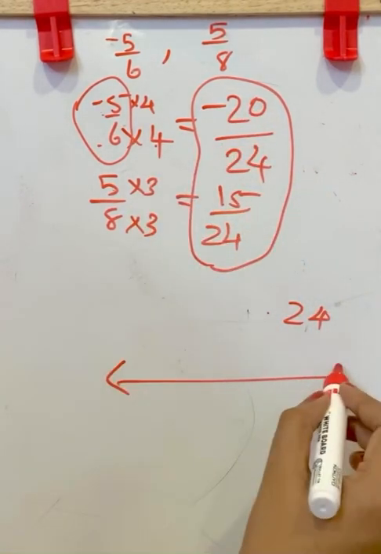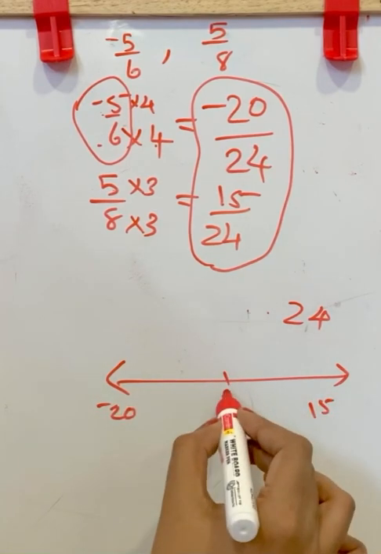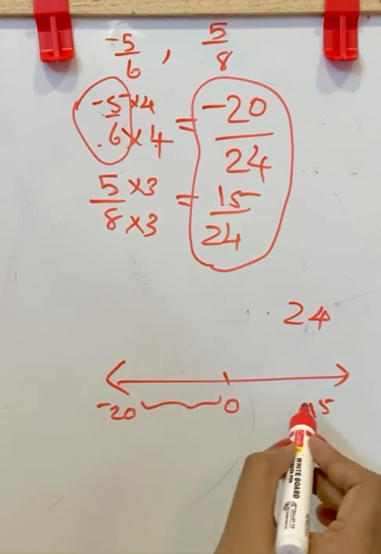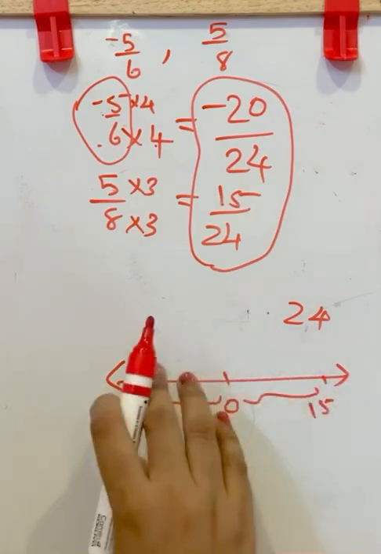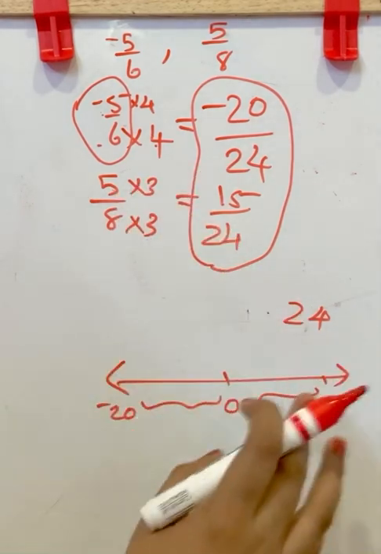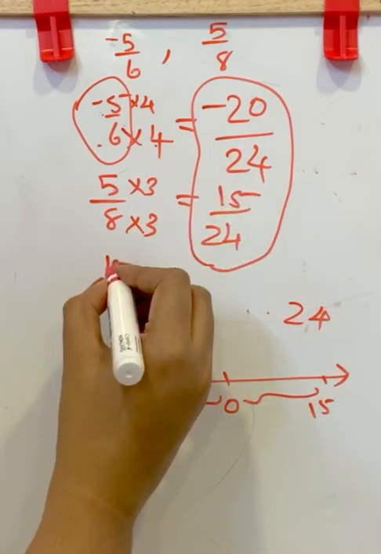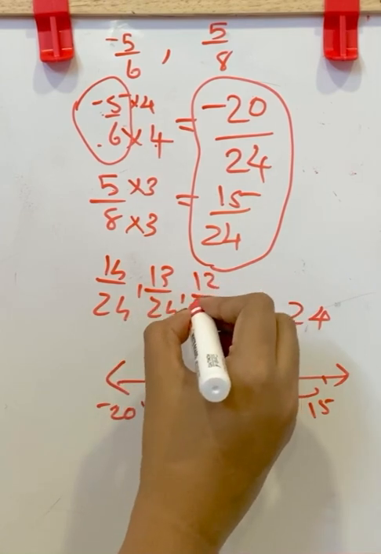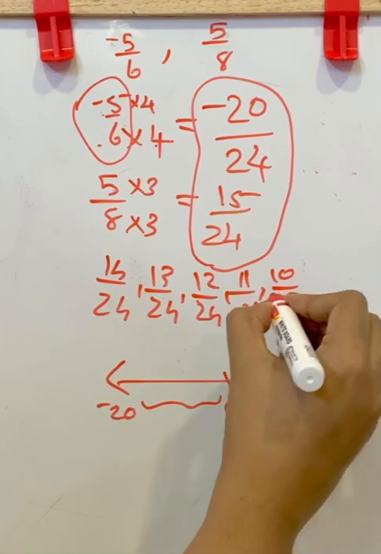On a number line, negative 20 is lying here, 15 is lying here, and in the middle there will be 0. Till this you will have so many values, and from 15 to 0 also so many values. You can write any 10 of these fractions. I am writing here 14 by 24, 13 by 24, 12 by 24, 11 by 24, 10 by 24.